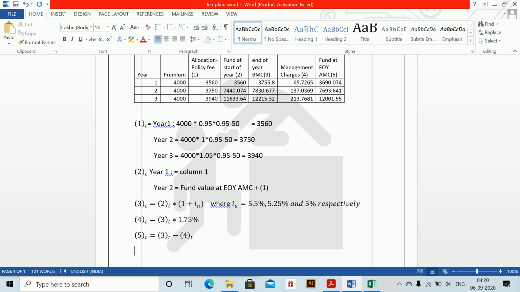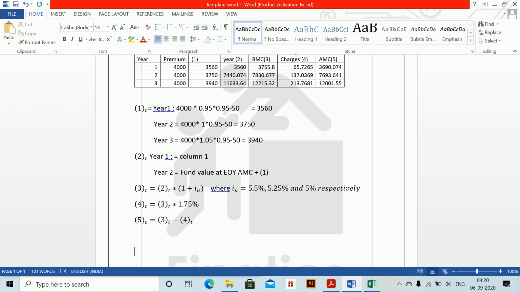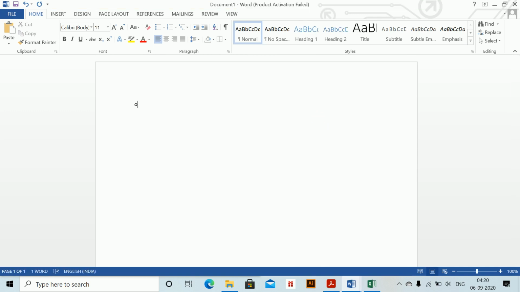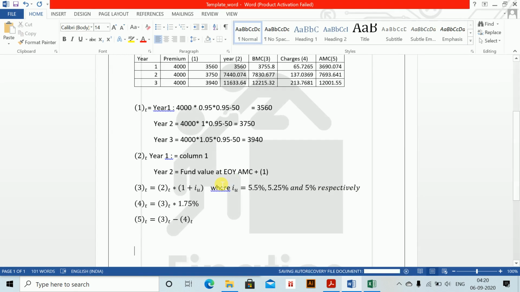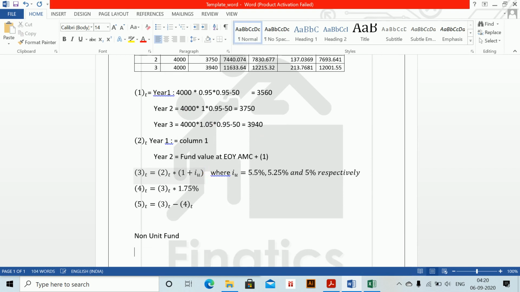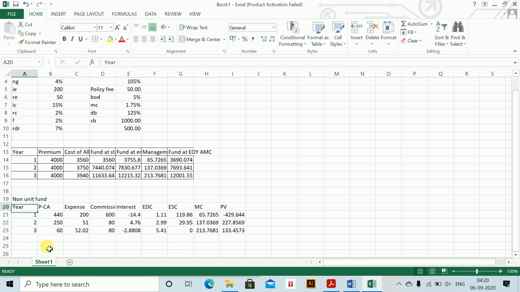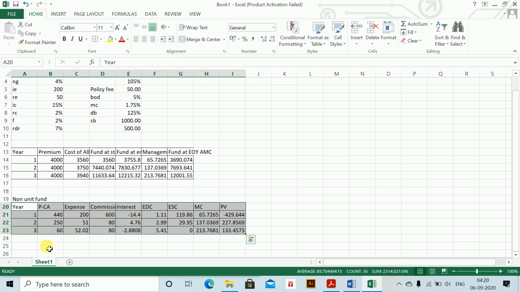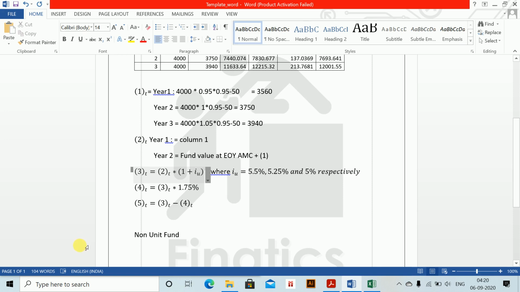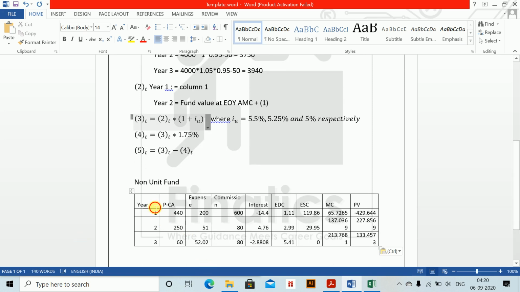Now next, the non-unit fund table. For non-unit fund, here are the values. Same thing we'll do here also.